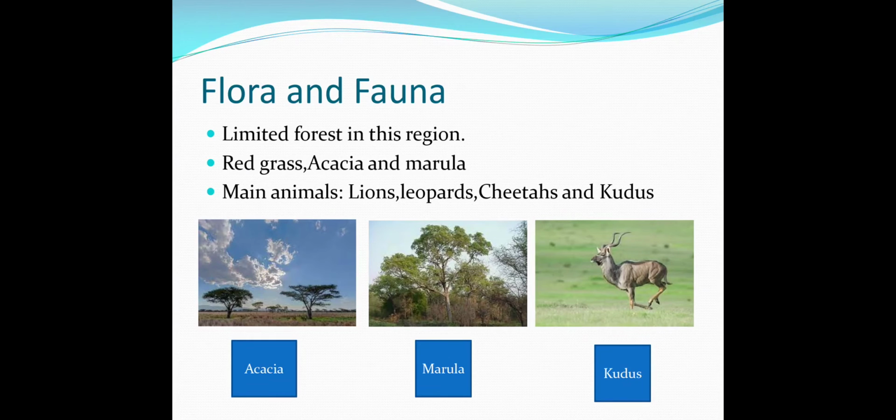I have pasted pictures of the acacia trees and the marula trees. When I talk about the animals, the main animals found here are lions, leopards, cheetahs and kudus. I have also pasted here the picture of kudus. So this was about the flora and fauna of the veld.